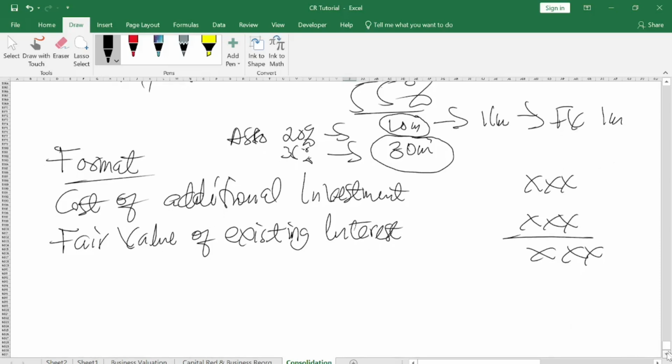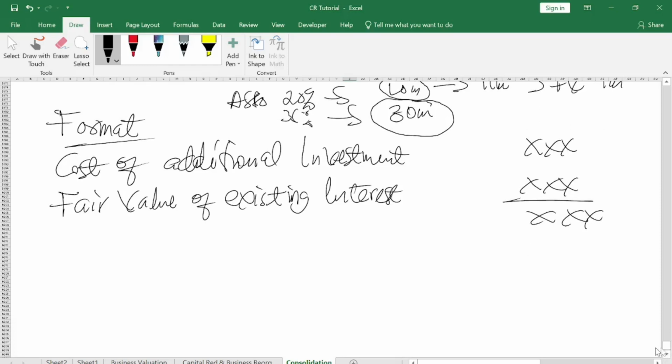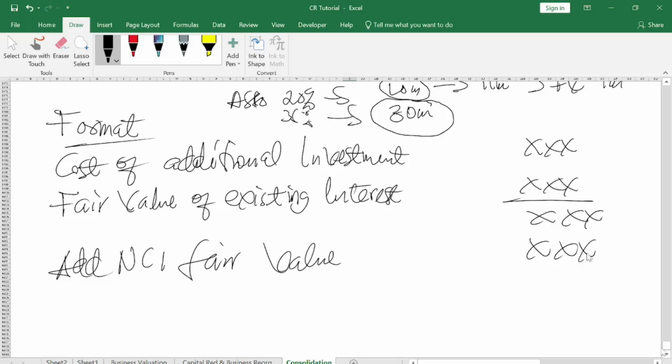When you are done, the next one is our usual acquisition at fair value. You add NCI fair value. You understand that one? You add NCI fair value. Then you come and less net asset at acquisition.